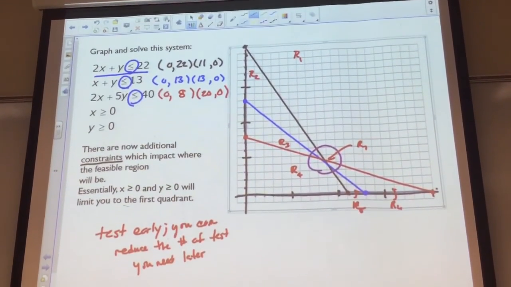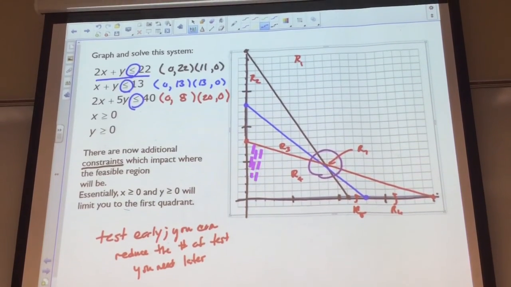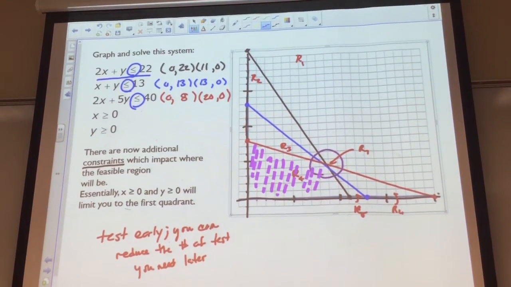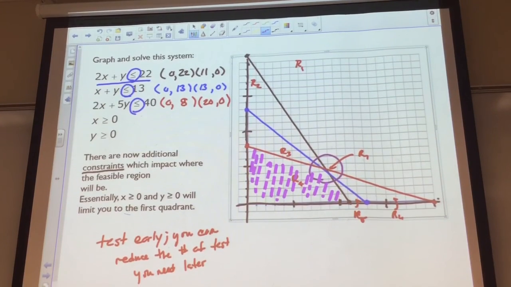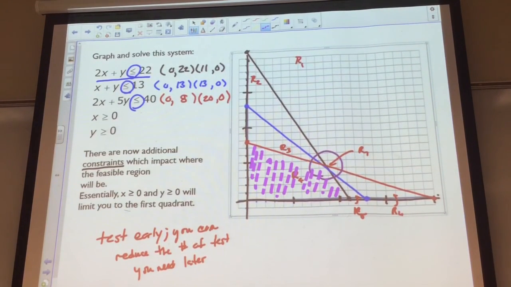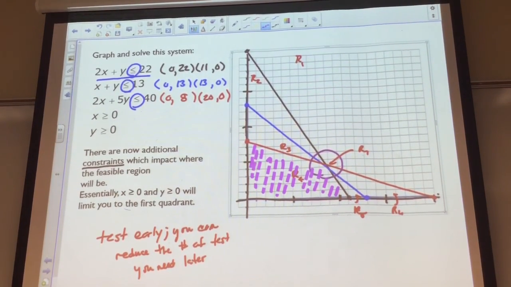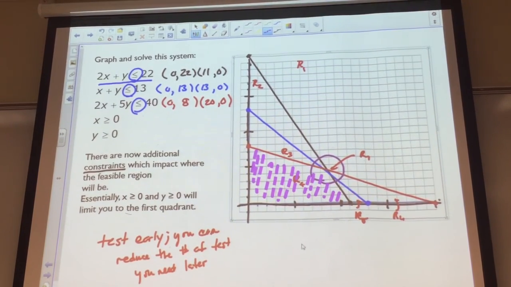So here's our feasible region down in here. That we know is the feasible region for ourselves in the problem. Okay, so let's see how we can put that to use over here.